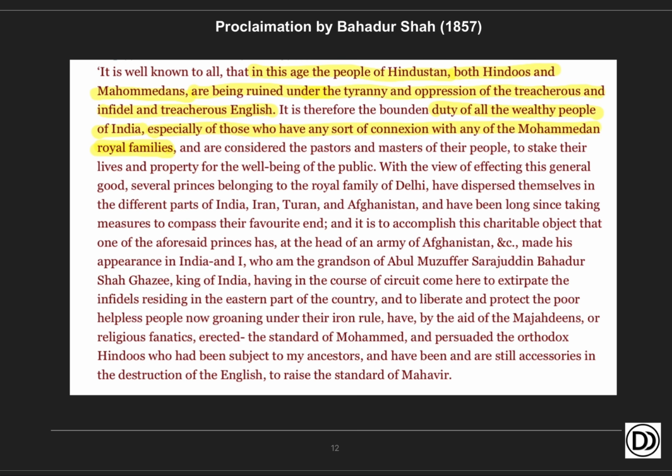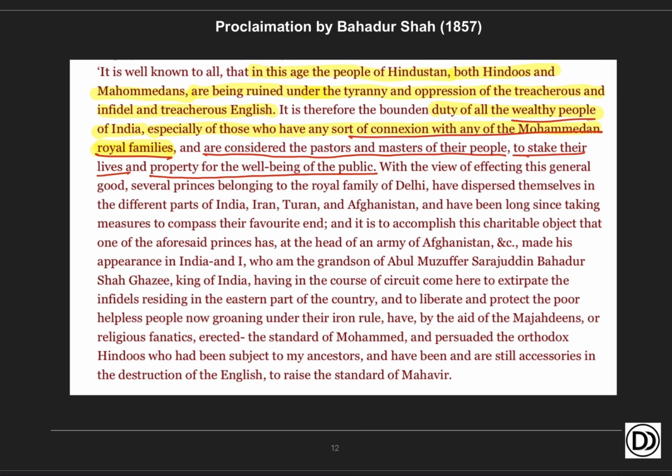He also says that those wealthy people who have any connection with Mohammedan royal families, who are considered the pastors and masters of their people, which means they rule the people there, should keep their lives and property at stake for the well-being of the public.